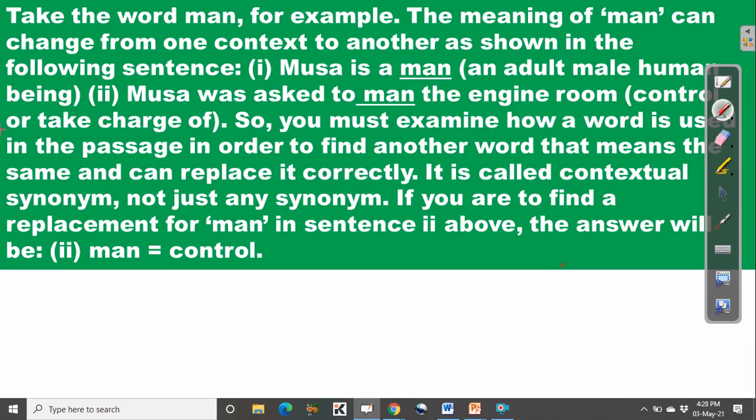In sentence 1, man equals person or human being. All right? So you can see exactly how English words change their meaning from one context to another, just like chameleons that change their color from one physical environment to another.